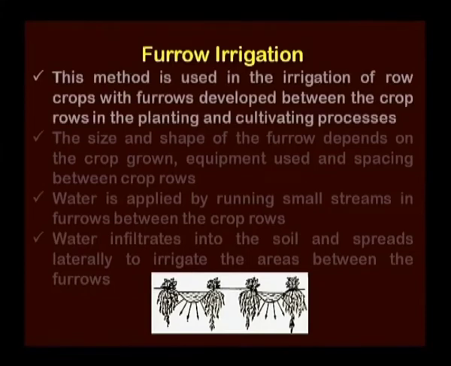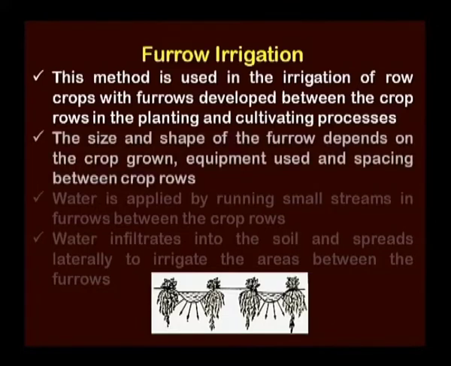Furrow irrigation. This method is used in the irrigation of row crops with furrows developed between the crop rows in the planting and cultivating processes. The size and shape of the furrow depends on the crop grown, equipment used, and spacing between crop rows.